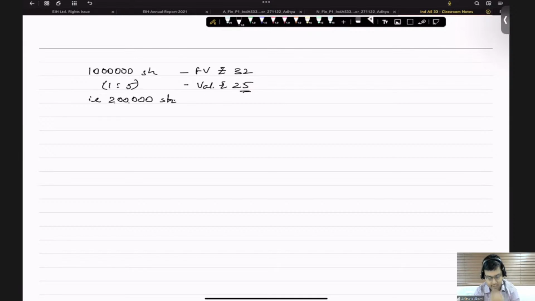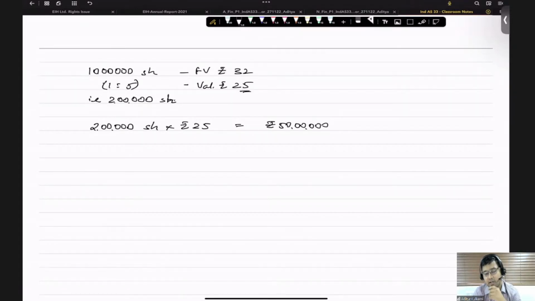Now please pay attention. My existing investors will subscribe to 2 lakh shares and pay rupees 25. What is the amount that will come to the company? The amount which will come to the company is 50 lakhs.